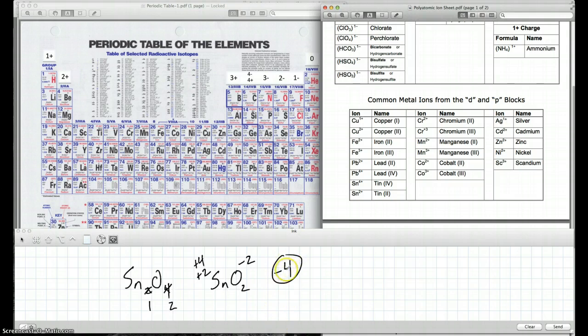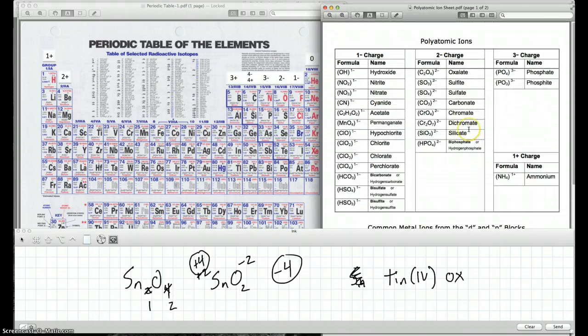So if -4 on this side, well, what cancels out a -4? The +4. So it must be tin 4. Tin 4. Remember the second one always ends in IDE because there's no polyatomic ion here.